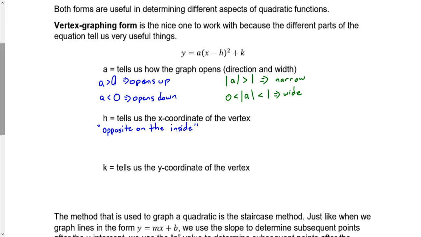At the same time, if the actual h value, so this is x subtract h, is positive, it's going to be moving to the right.